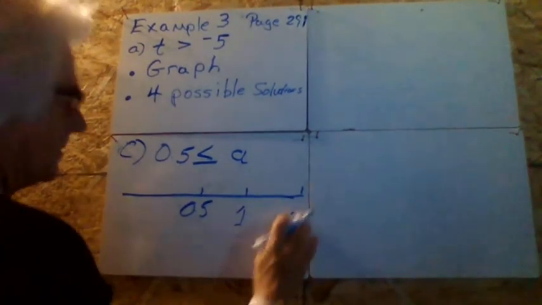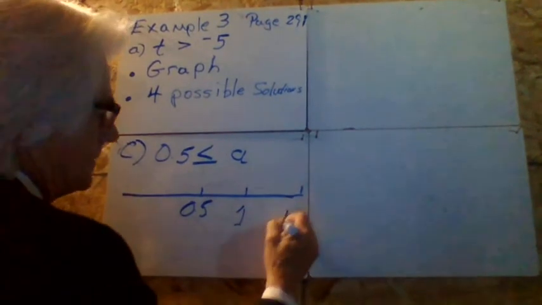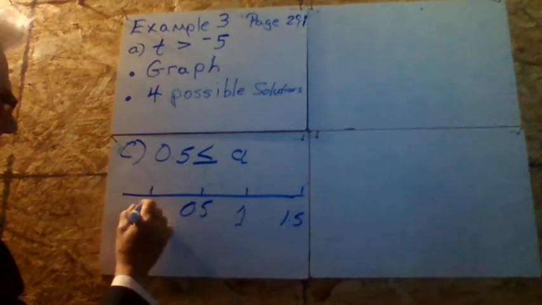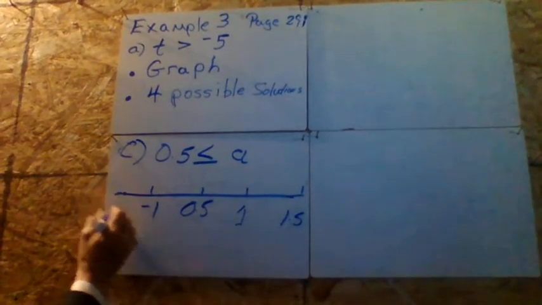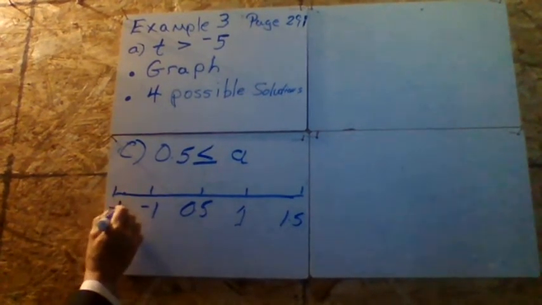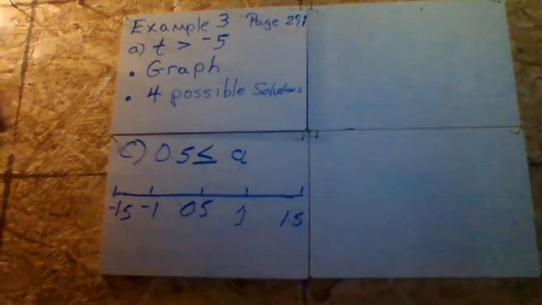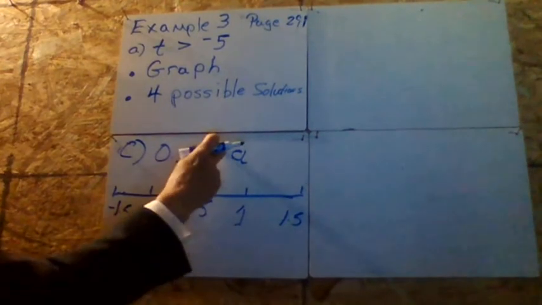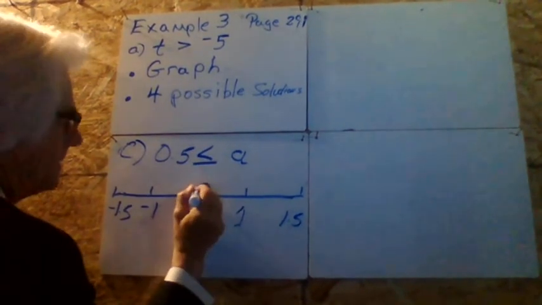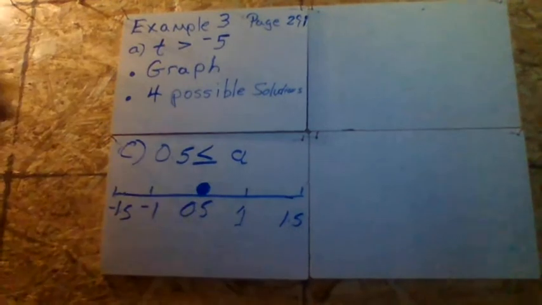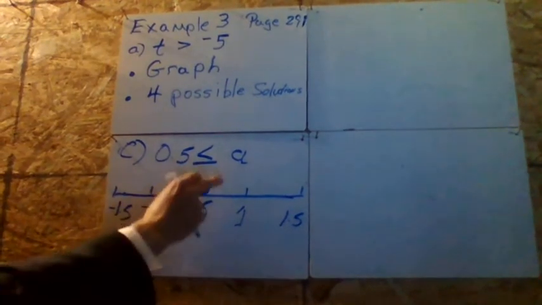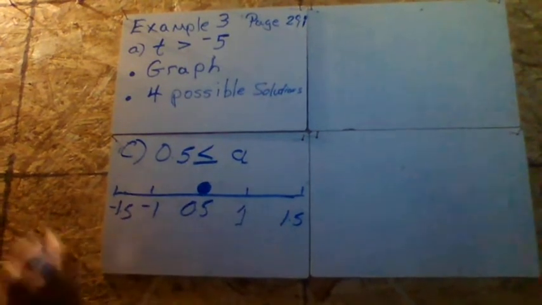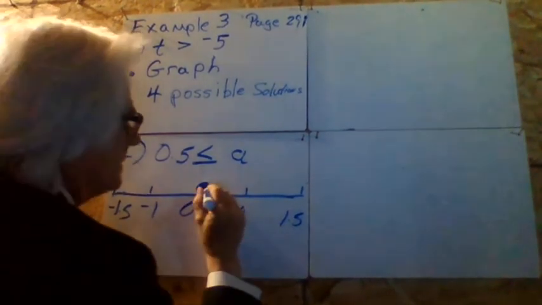Or maybe we'll make each one of these be a half, 1.5. So over here, I would have negative 1 and negative 1.5. So start off by putting my circle in. Again, this case we have is also an equal to. So A is going to be greater than 0.5.